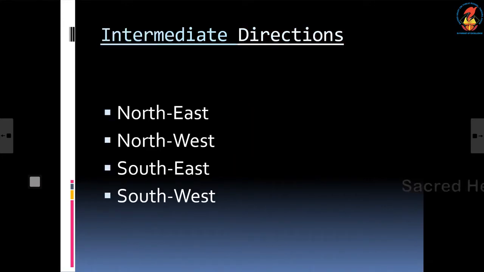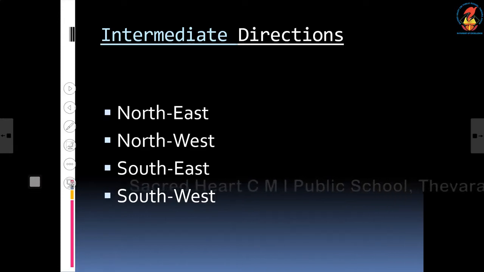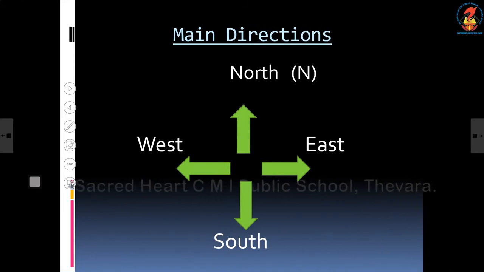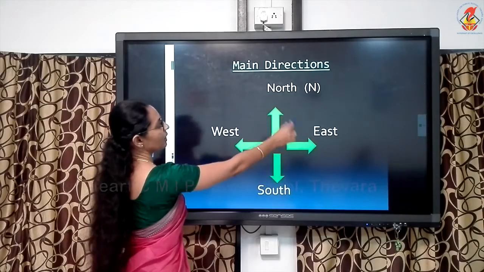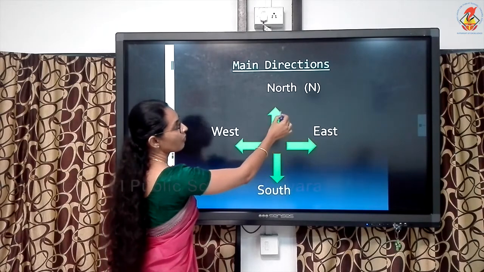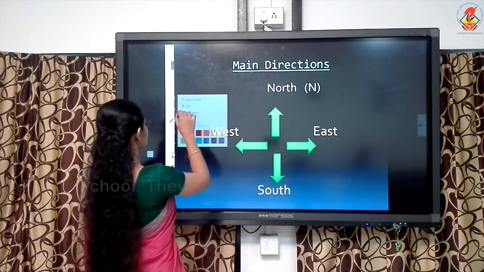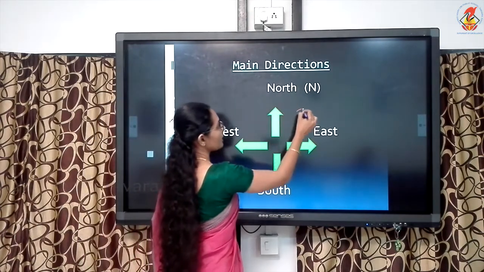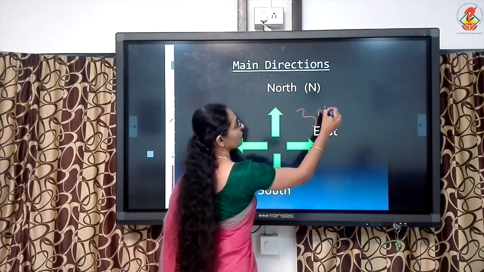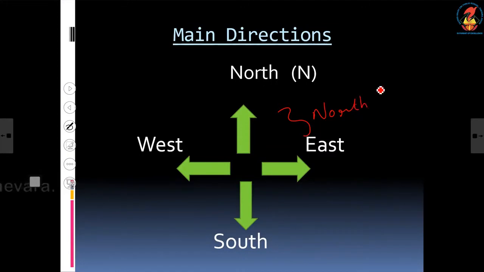Then in between these directions, we have certain intermediate directions, that is northeast, northwest, southeast and southwest. In between these two lines, this area is known as northeast. Clear?